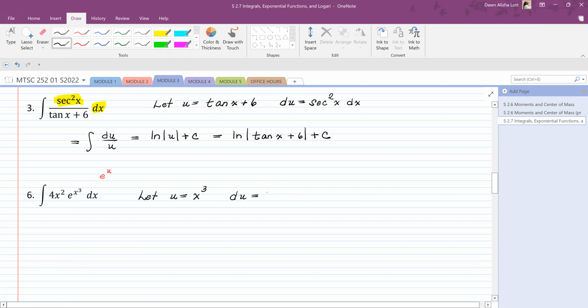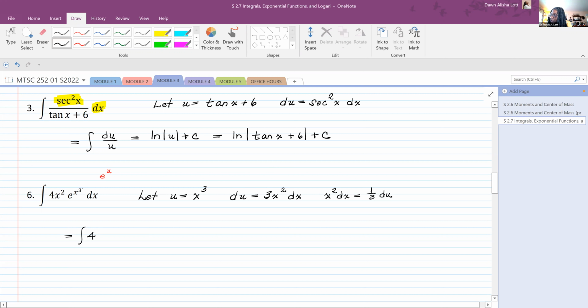3x squared dx. Okay. So what is x squared dx? 1/3 du. Good. Okay, so now in my integral, I have a 4 there.